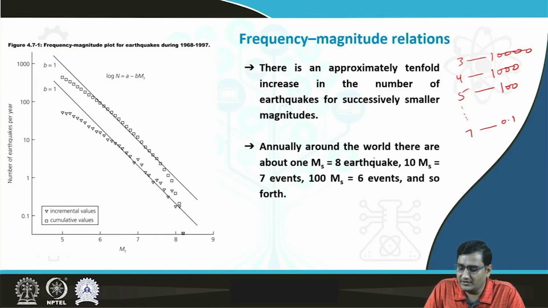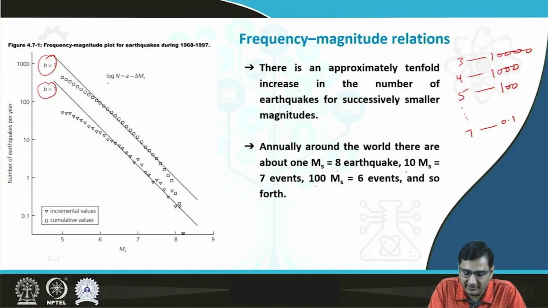Annually around the world, there is about one surface wave magnitude 8 earthquake, around 10 times as many magnitude 7 events, around 100 times as many magnitude 6 events, and so forth. You can see the b value is around 1 here, and the squares represent the cumulative values of the earthquakes, and the triangles represent the incremental values.